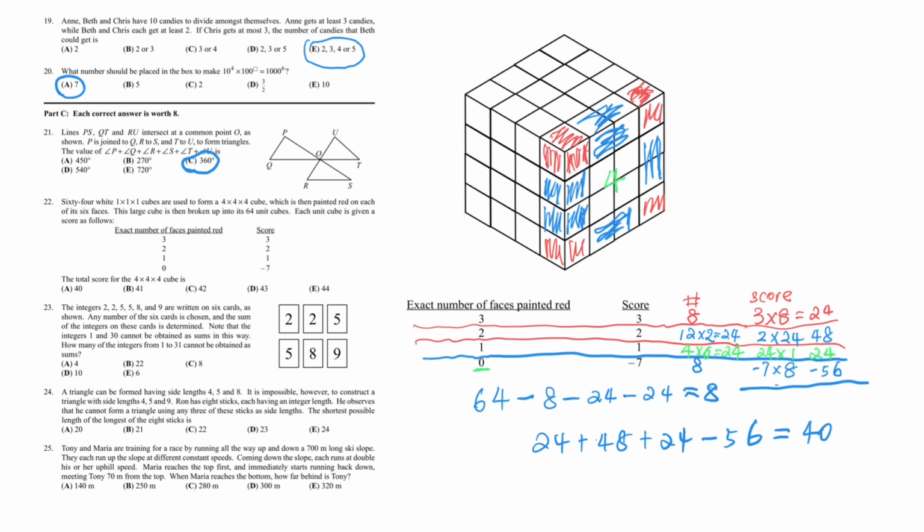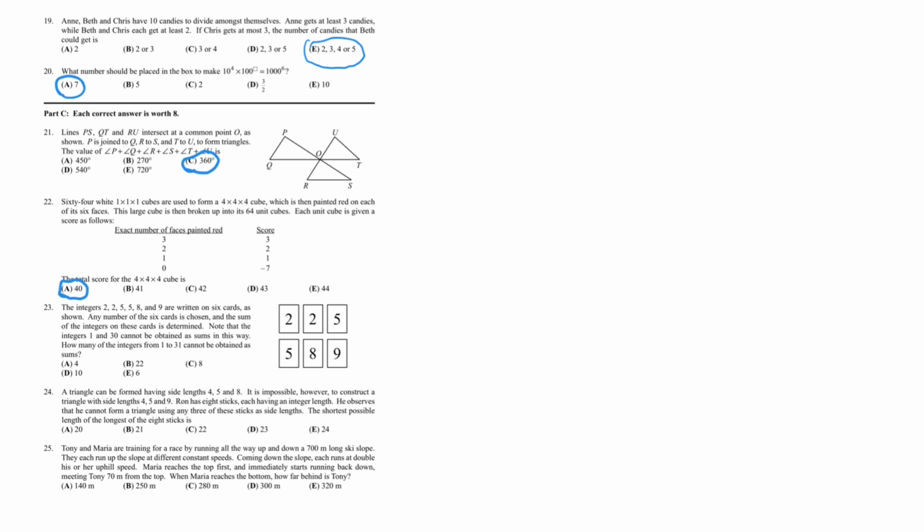Therefore, the answer is A. Number 23. The integers 2, 2, 5, 5, 8, 9 are written on 6 cards as shown. Any number of the 6 cards is chosen, and the sum of the integers on these cards is determined.